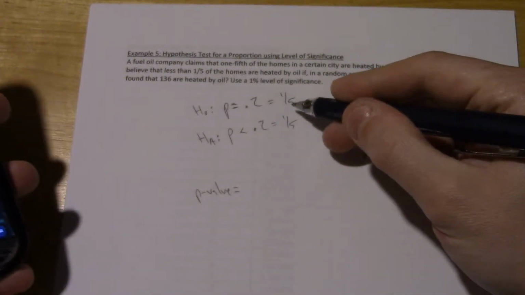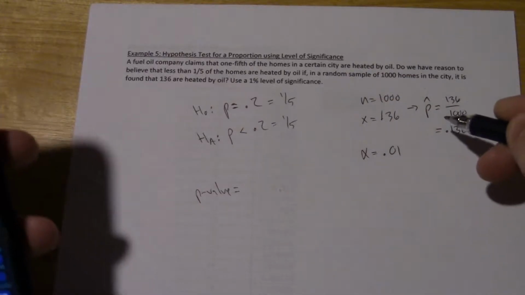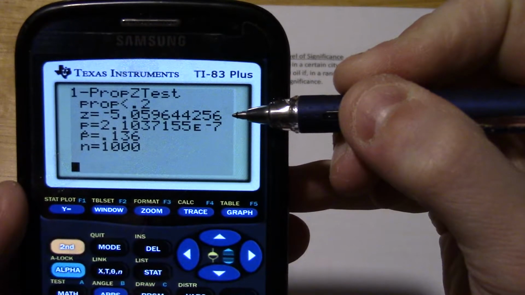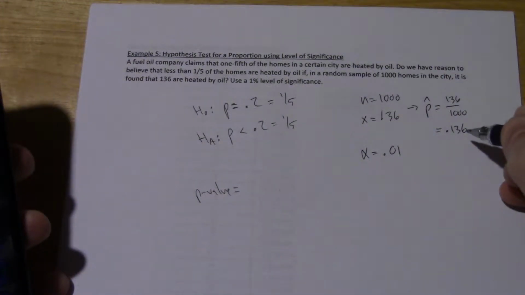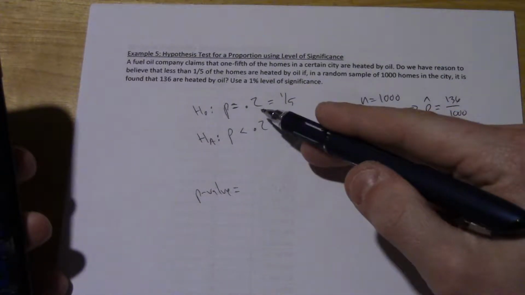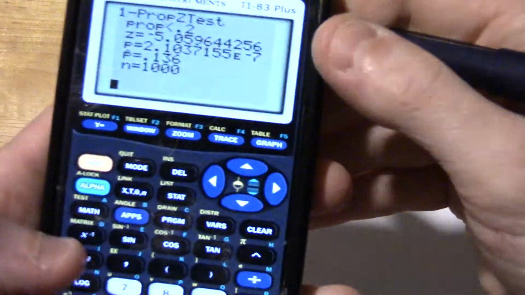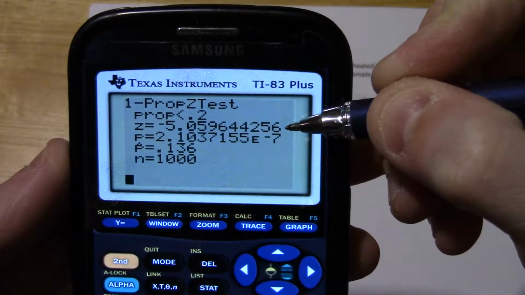So in this case, if 1/5 of homes were heated by oil, then observing 13% heated by oil, well, that's 5 standard deviations below what we would expect. So 13% is 5 standard deviations below 0.2. That's quite different. So what we've observed is not what we expect.